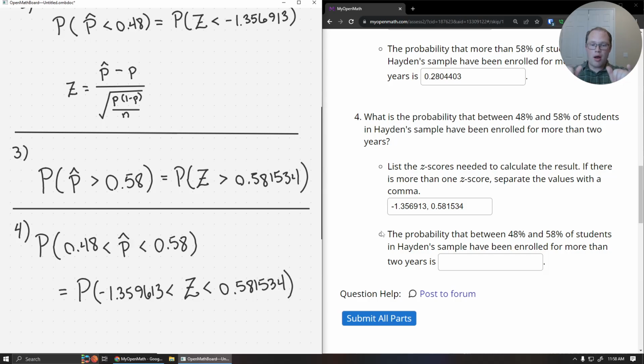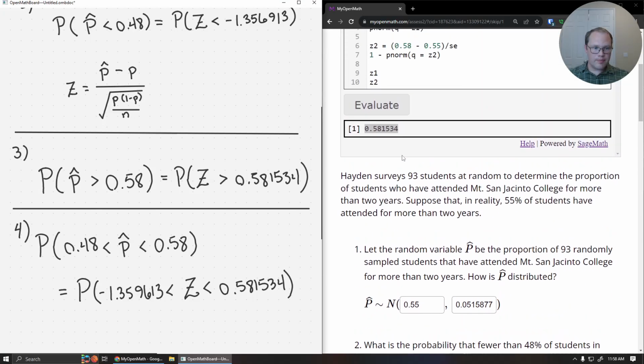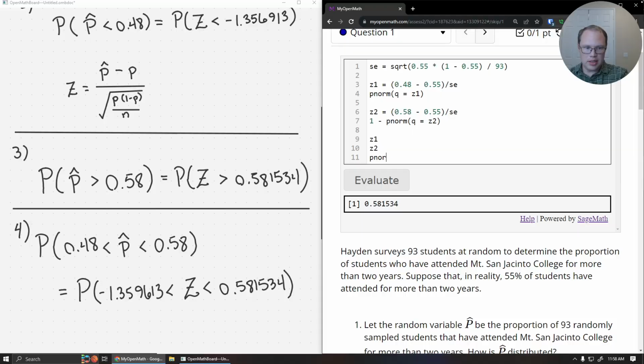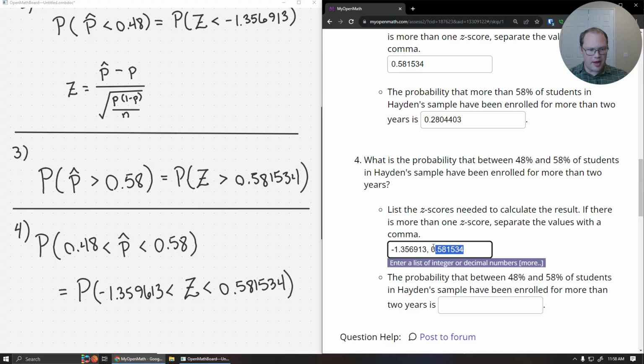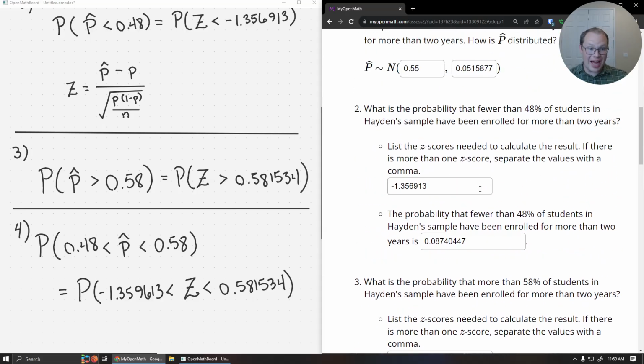Okay? Now that we have the z-scores, we can calculate the probability. Since we're calculating the probability that we're between two values, we are going to first calculate the area to the left of the larger z-score. The larger z-score in this case is z2, because that's the z-score associated with the larger particular value. So z2 is going to be bigger than z1. You could also just look it up: z2 was 0.581534, z1 was negative 1.356913. So z2 is the bigger one, and that's the one that goes first.